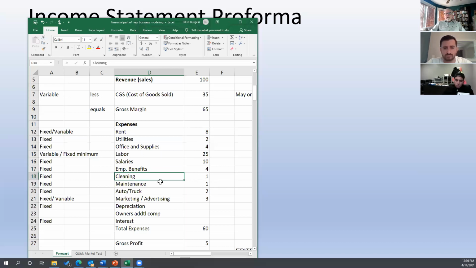You got cleaning supplies and maintenance supplies, auto and truck. You buy your truck, you spend a certain amount of gas. You may or may not drive it a lot. The difference here is that, Christian, in your business, the power used to both get the truck where you're going and to do the work that you do is actually part of creating your service.